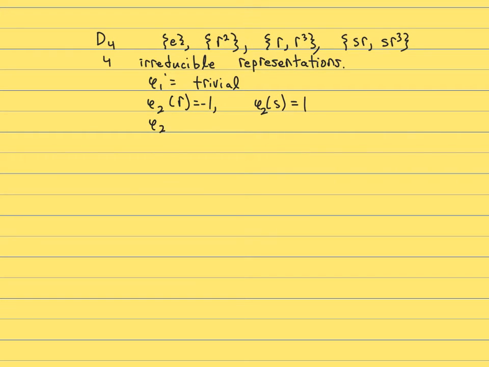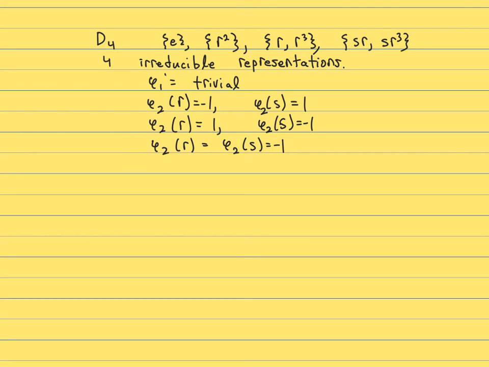Likewise, Phi3 was the representation that sent r to 1 and s to -1. And finally, there was the representation that sent r and s both to -1. And then for other group elements, you could figure out the value by the fact that it has to be a homomorphism. So the values are determined by the generators.